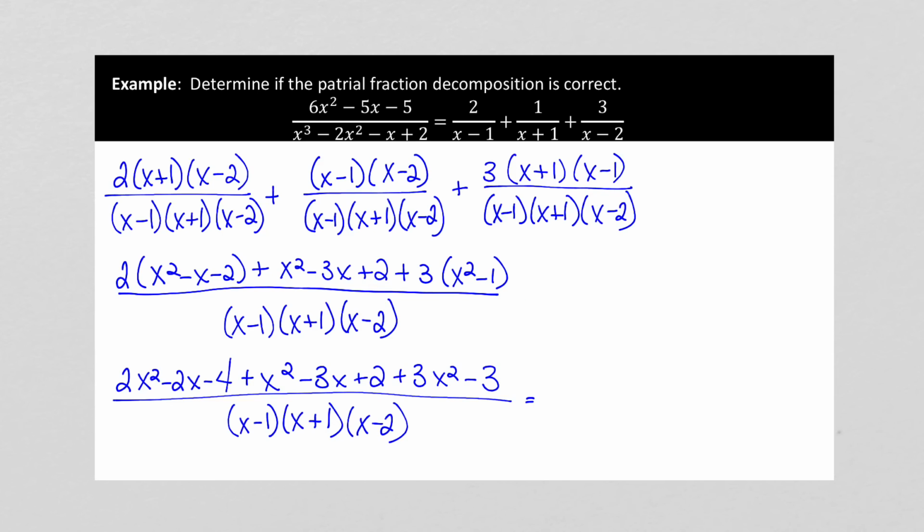And then just simplify. So 2x squared plus x squared plus 3x squared. 2 plus 1 plus 3 is 6x squared. Negative 2x minus 3x is negative 5x. And then negative 4 plus 2 minus 3 is negative 5. Oops.